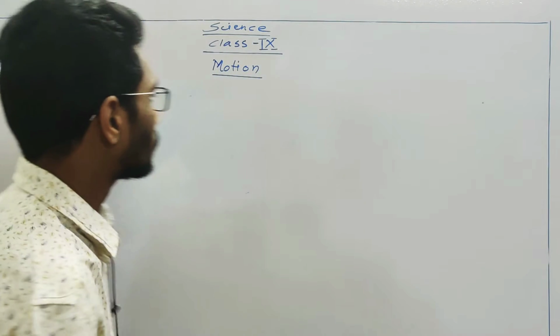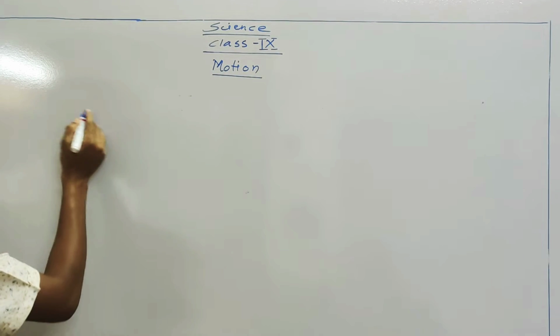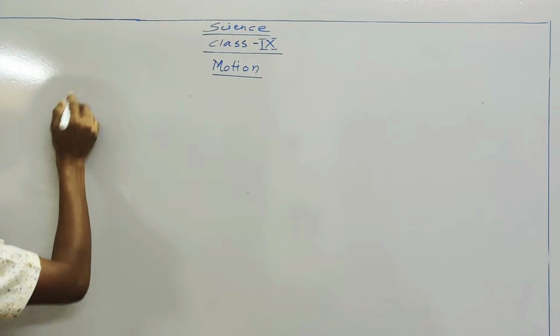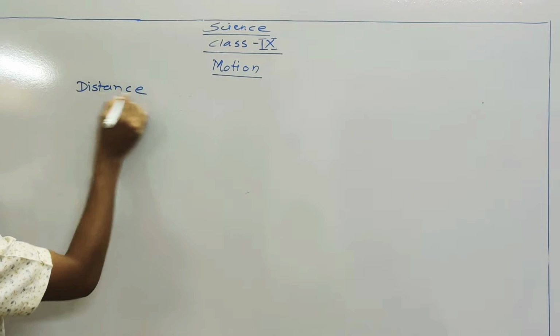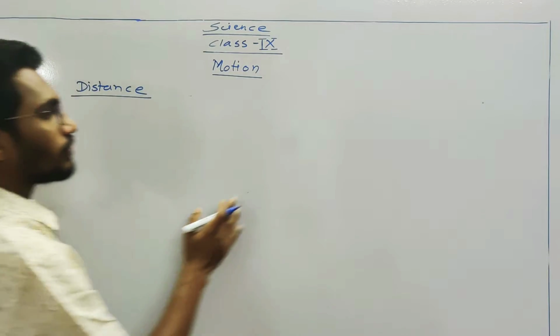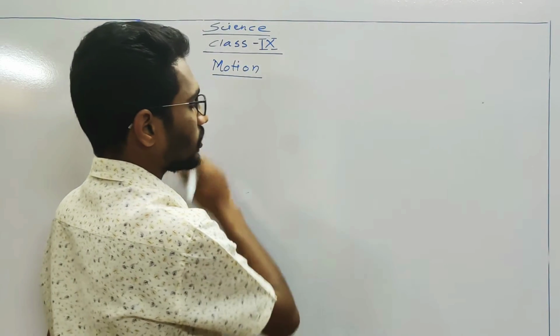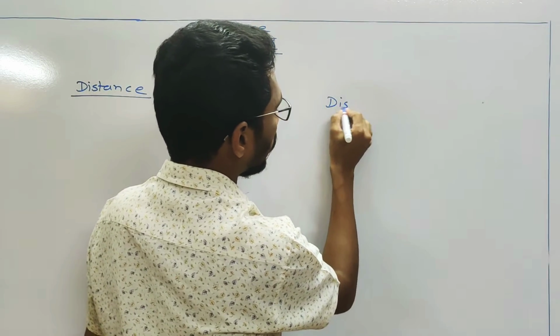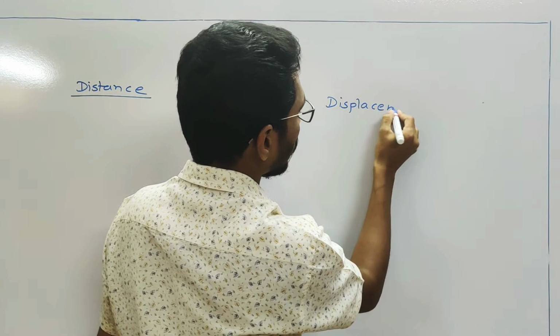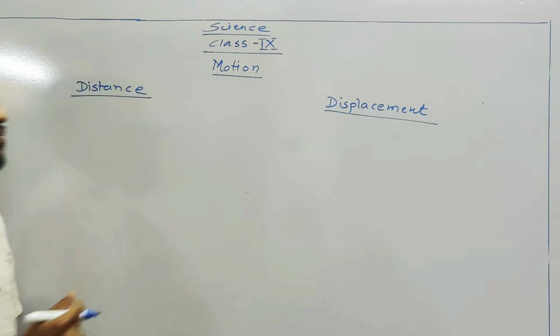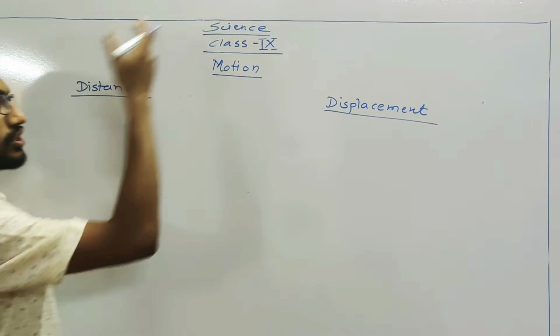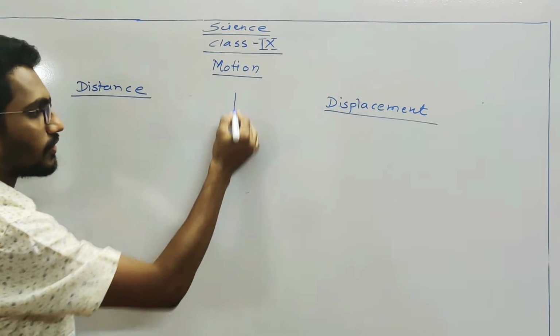So let's start. The first quantity from this chapter we are going to learn is distance, and along with it we are also going to learn about another quantity called displacement.